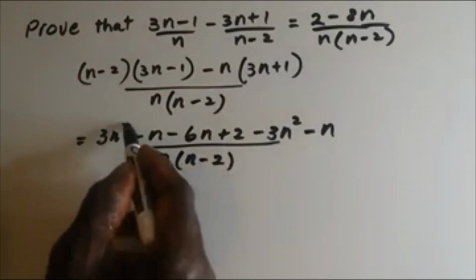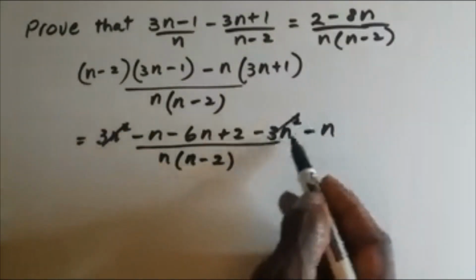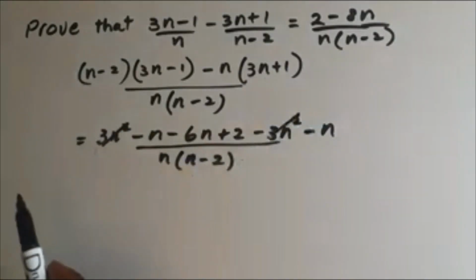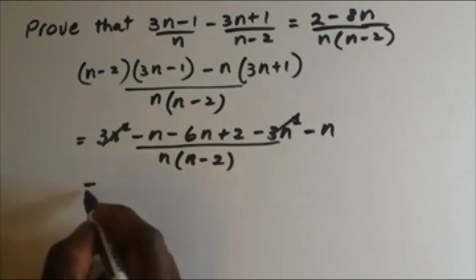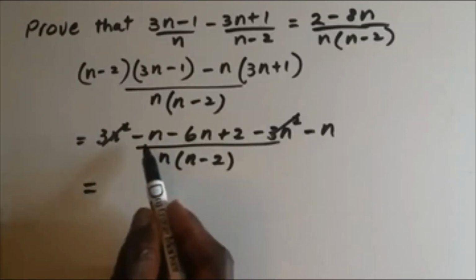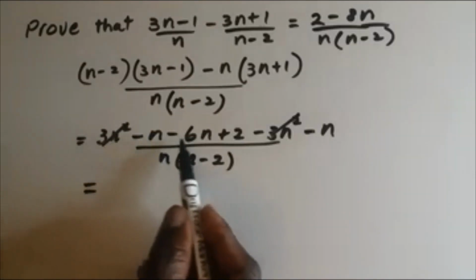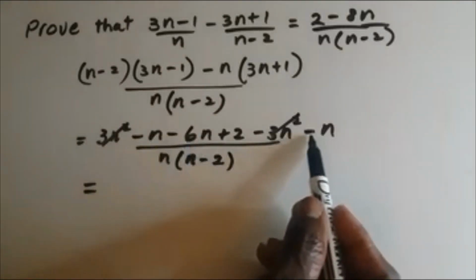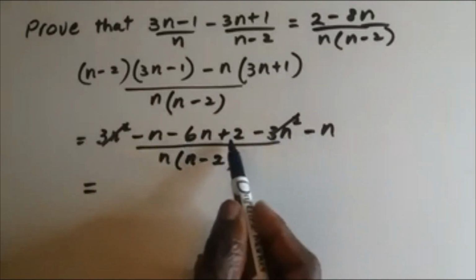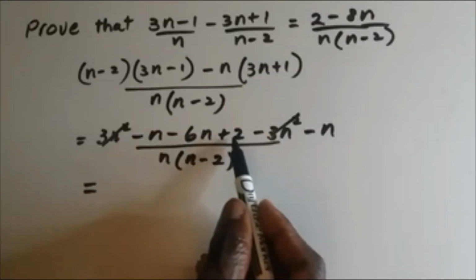Now this cancels with this, because this is minus 3n squared and this is add 3n squared. And all we need to do is group and simplify like terms. What we have is minus n minus 6n, which is minus 7n, and this gives me minus 8n, and we have a positive 2 here.